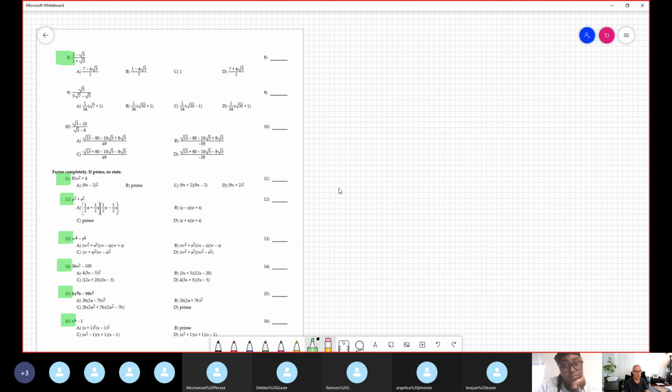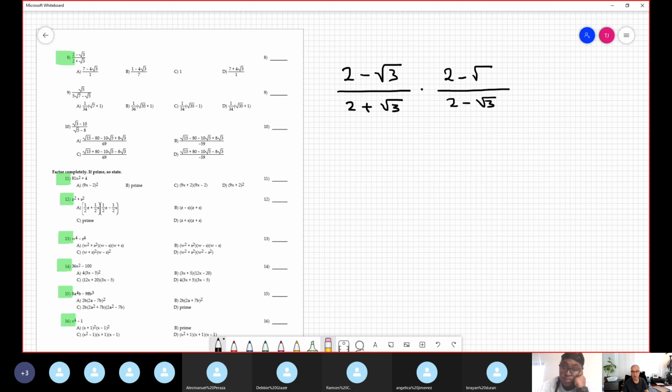It's easy because it's a monomial. Let's do number 8: 2 minus radical 3 over 2 plus radical 3. Rationalization. You create the smart one, 2 minus radical 3, the conjugate of this: same number, but opposite sign.